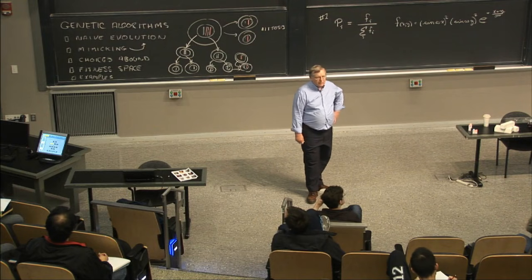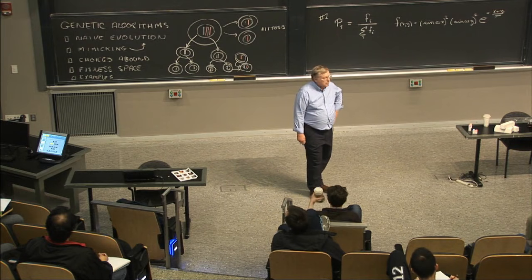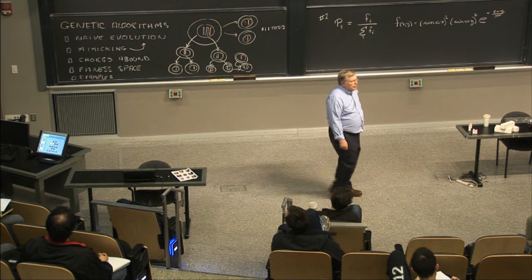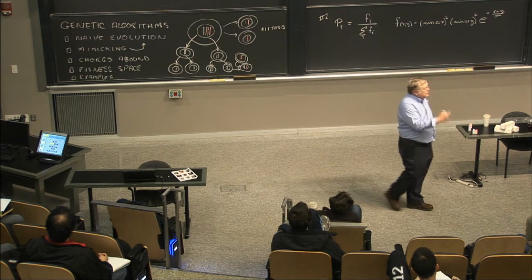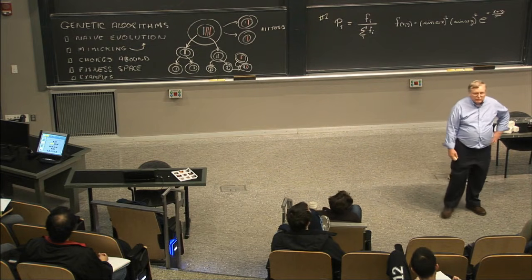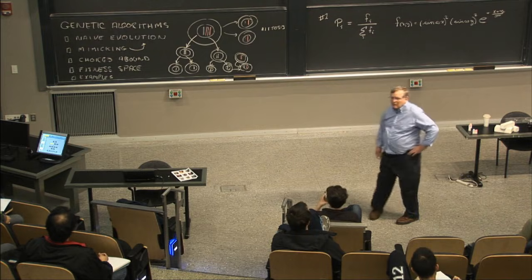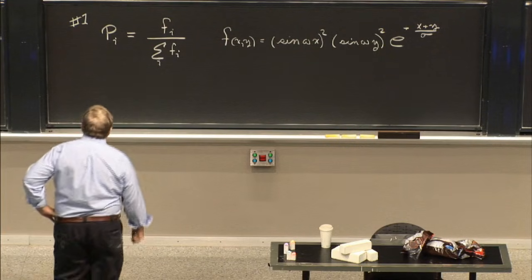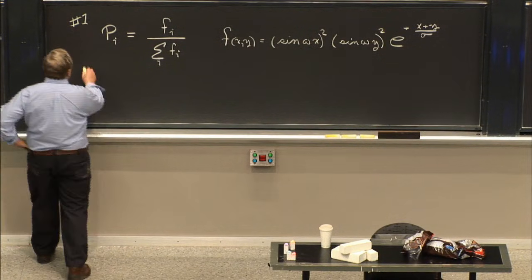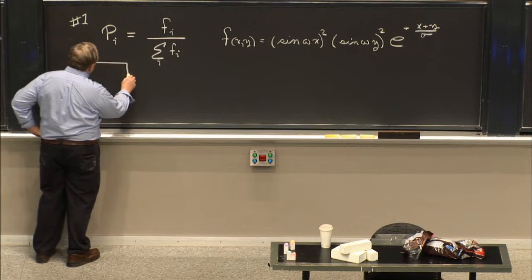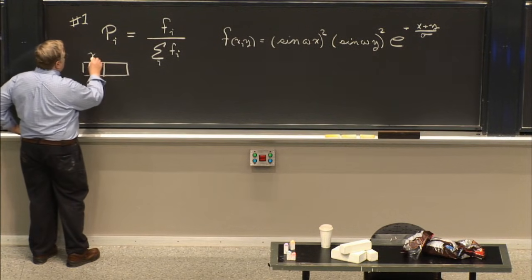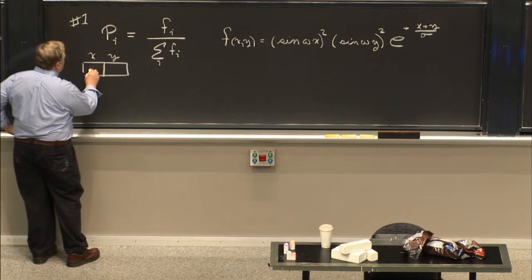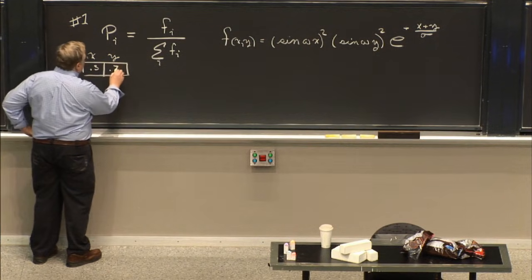But we have a genetic algorithm that doesn't know anything. All it knows how to do is mutate and cross over. So it's going to start off with a population of 1. It's a little red dot down there in the lower left. So here's how it's going to evolve. There's going to be a chromosome consisting of 2 numbers, an X number and a Y number, like say 0.3 and 0.7.